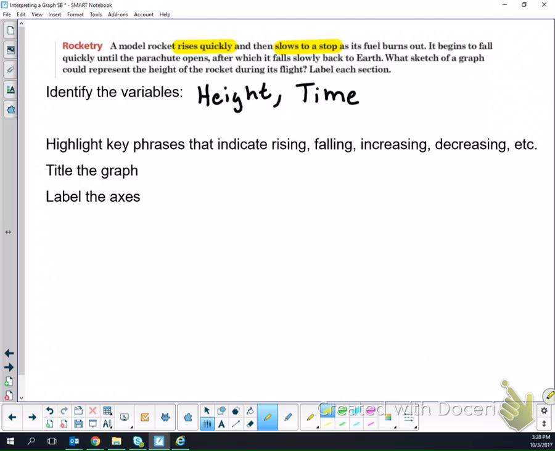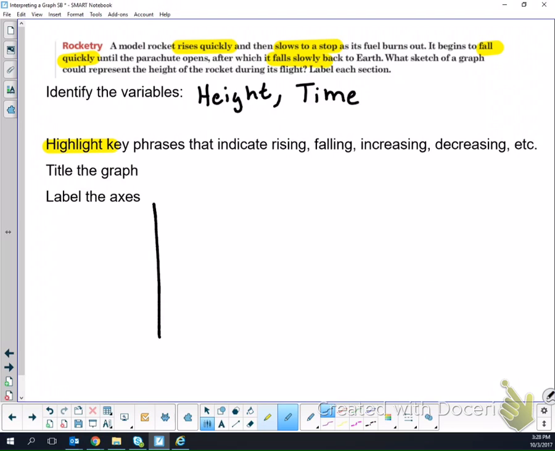And then it begins to fall quickly until the parachute opens, after which it falls slowly back to Earth. All right, so we've just highlighted all of those key things that are talking about slowing, increasing, how fast, quickly, slowly.